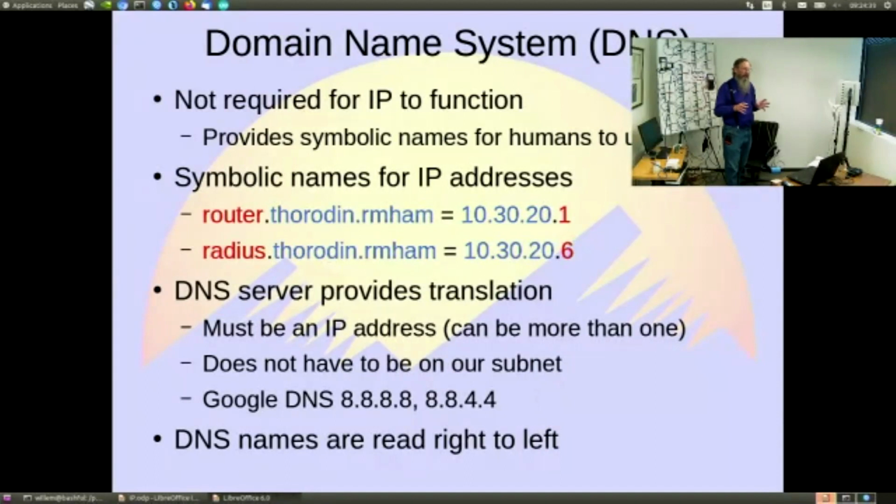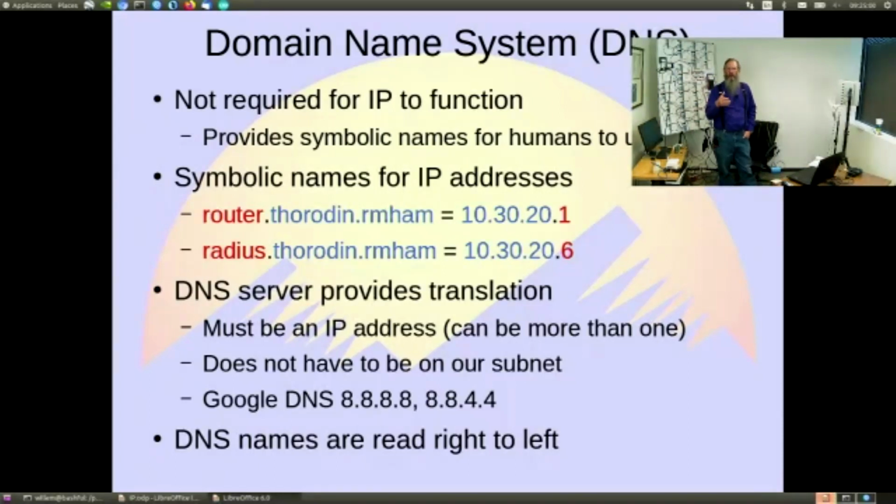So the key thing about DNS is that in order for DNS to work, you have to give it the IP address of a DNS server, right? You can't give it the name of a DNS server because it needs DNS to work before it can make DNS work, right? So you have to actually give it an IP address. And one of the common ones is 8.8.8.8, which is basically Google's DNS, or 8.8.4.4.